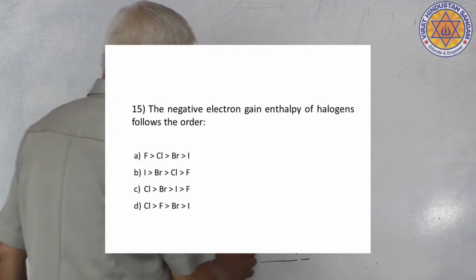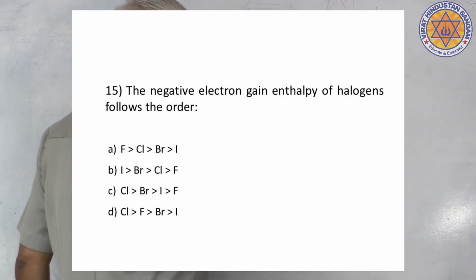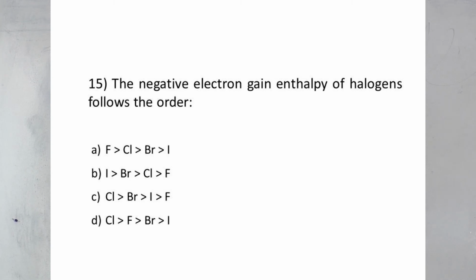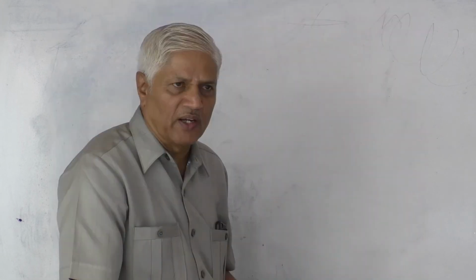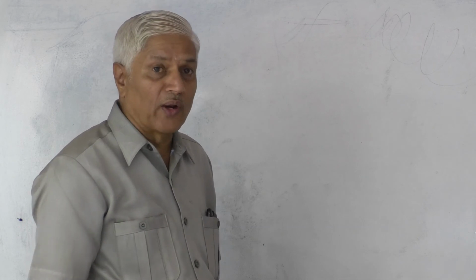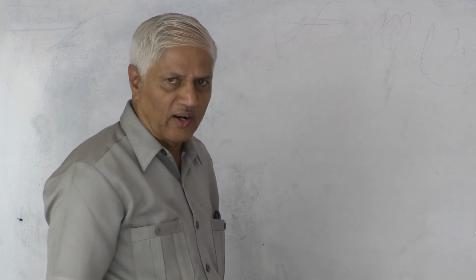Question number 15. The negative electron gain enthalpy of halogens follows the order. What is electron gain enthalpy? It is the change in the enthalpy when an electron is added to an isolated gaseous neutral atom.